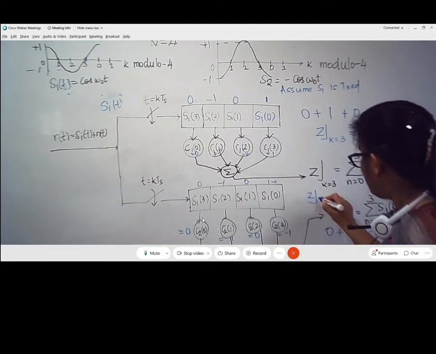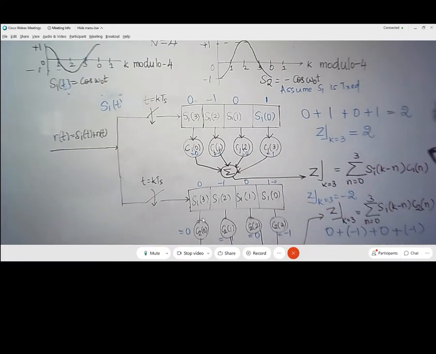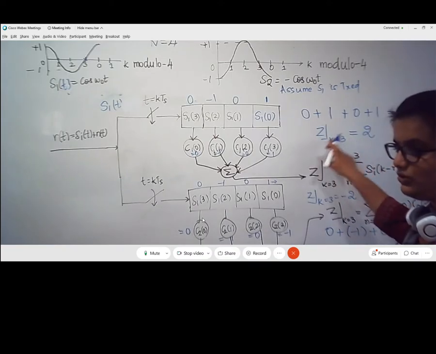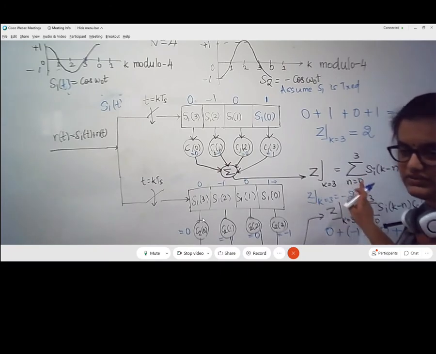Whenever I have an equally likely scenario, exactly midway between those two will be the threshold point. So you can check it over here. The z value is clearly positive in the first channel, whereas the z value is clearly negative in the second channel.